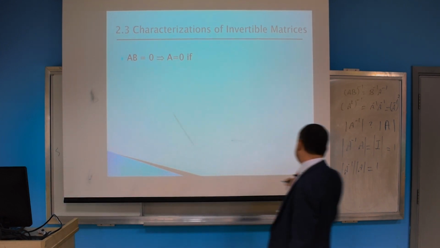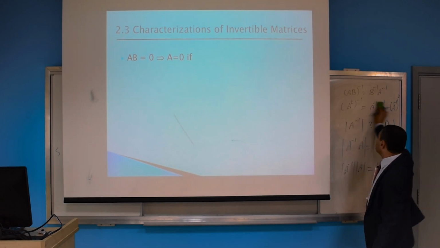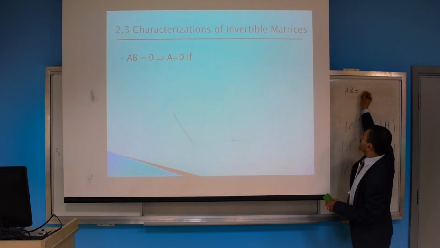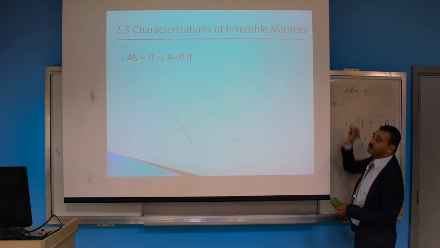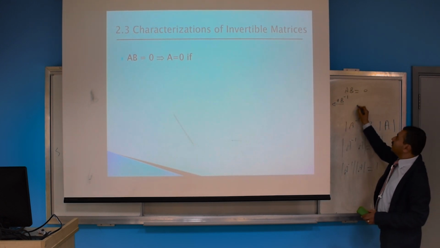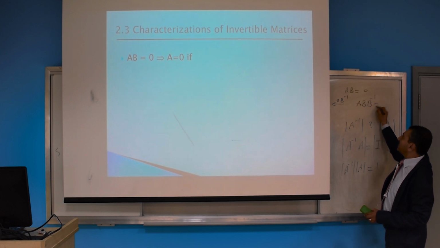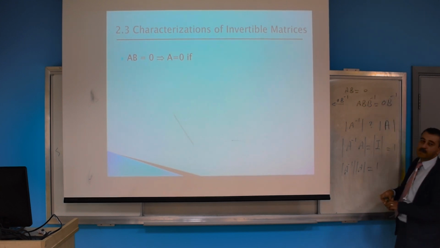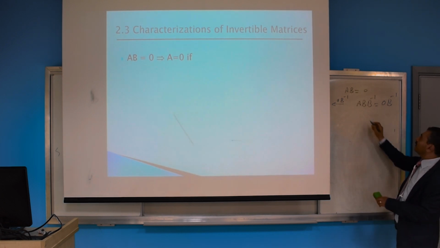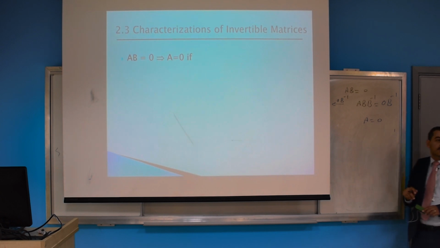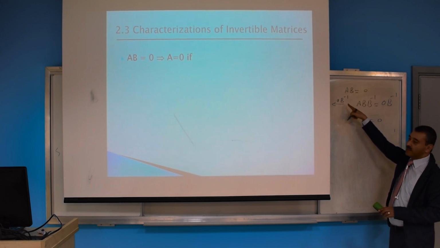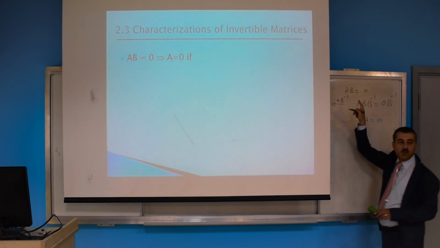Because if B has an inverse, you can multiply from the right by the inverse of B. Then you get A times B times inverse of B equals 0 times inverse of B, so A equals 0. So this implies this if the inverse of B exists. Okay?